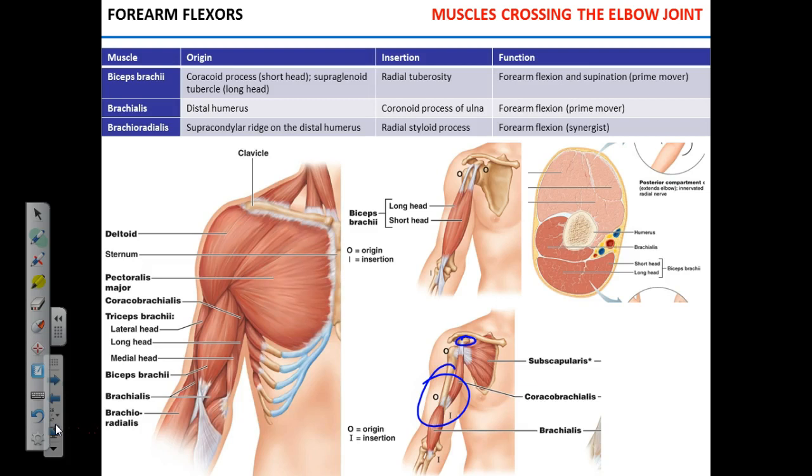Flexors of the forearm. Biceps brachii, brachialis, and brachioradialis. First of all, functionally, to summarize, two muscles are the primary flexors of the upper arm. Biceps brachii and brachialis. Biceps brachii has the origin at the scapula.